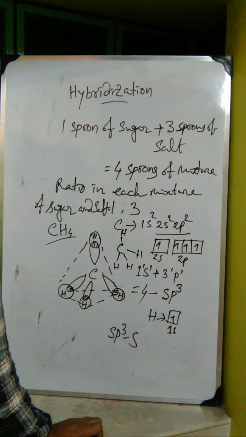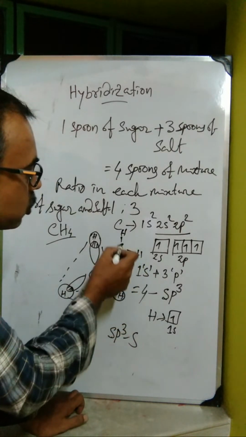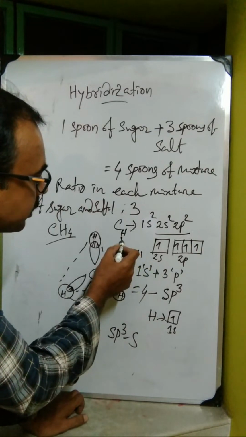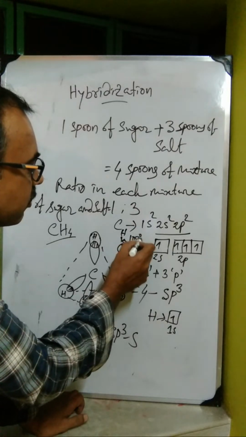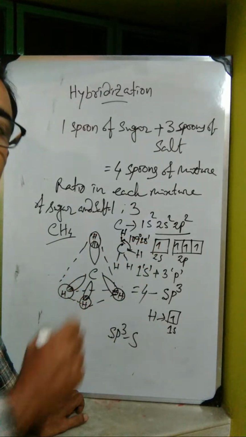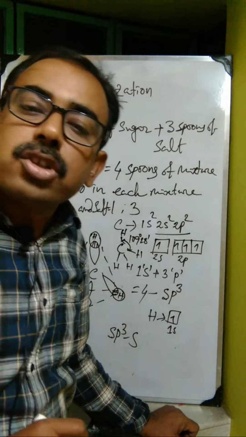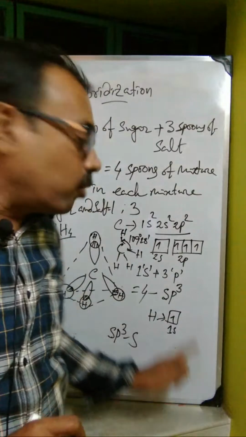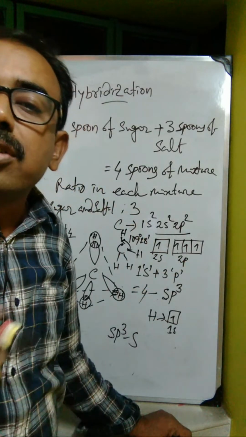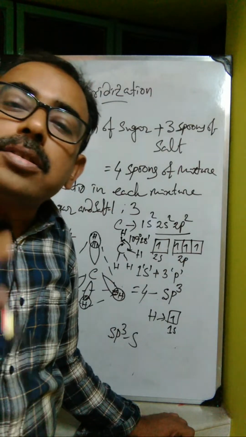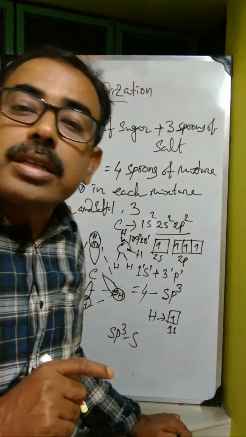Methane is a tetrahedral molecule, and each bond angle, that is the angle between two bonds, is 109 degree 28 minute. For sp3 hybridization, the bond angle is 109 degree 28 minute. Methane is a perfect tetrahedral, and each bond angle of methane is 109 degree 28 minute.